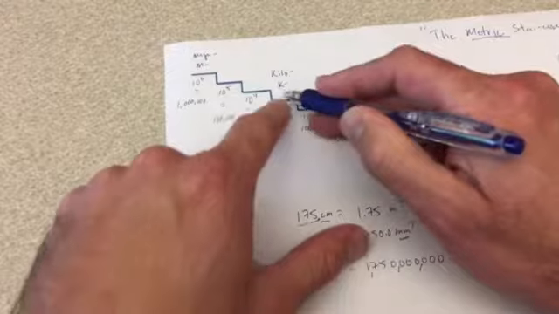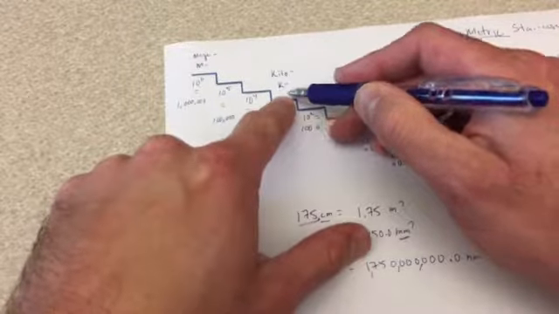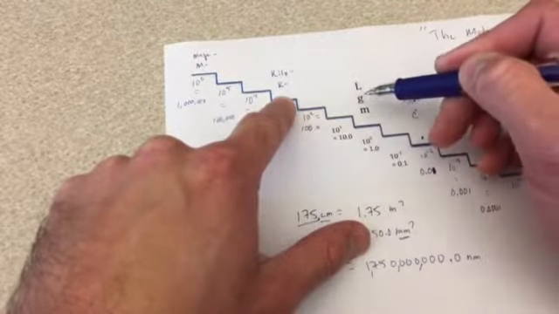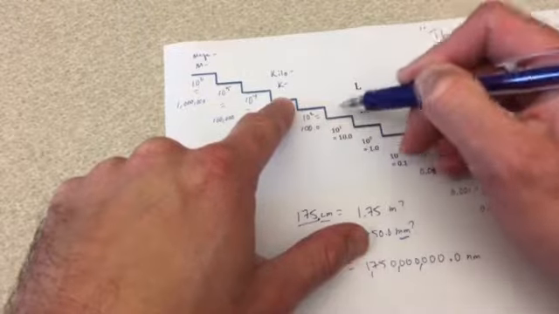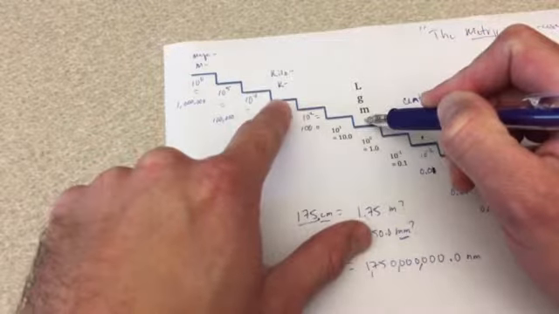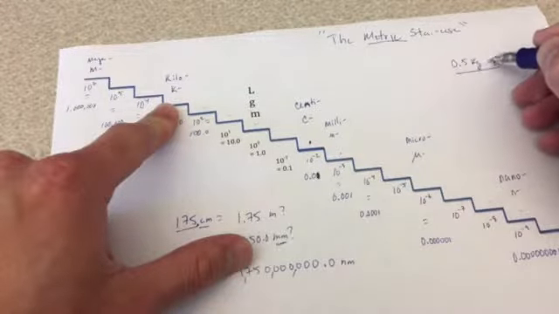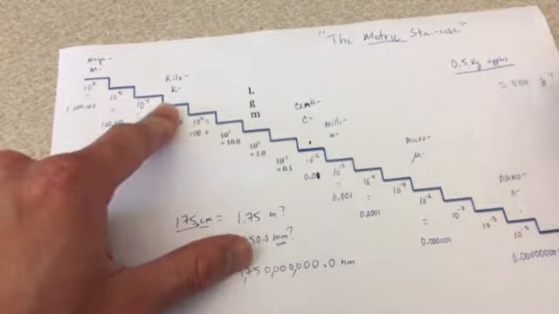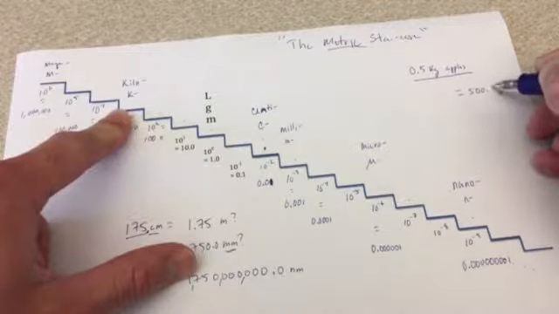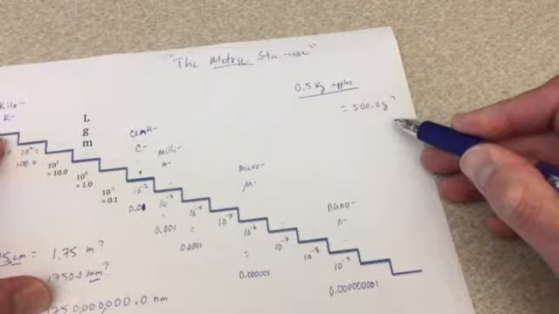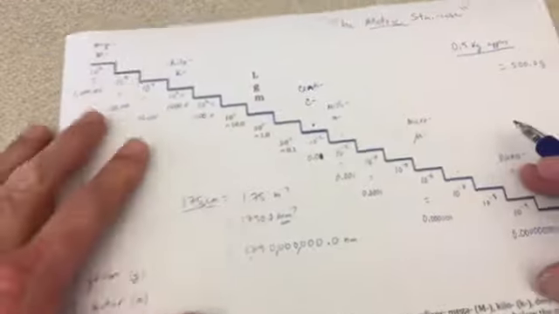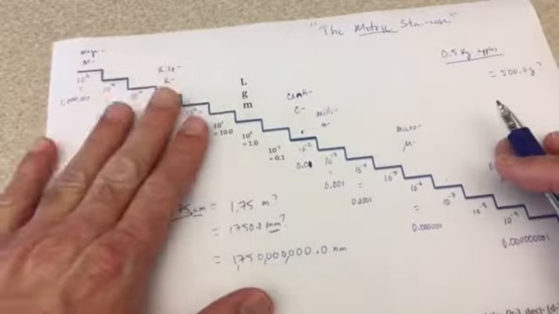So 0.5 kilos, take 3 steps down. 1, 2, 3 to the right, right? So 0.5 becomes 500.0 grams.